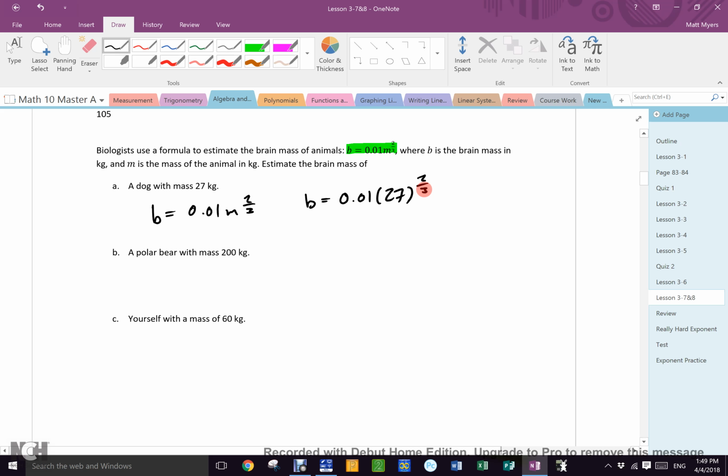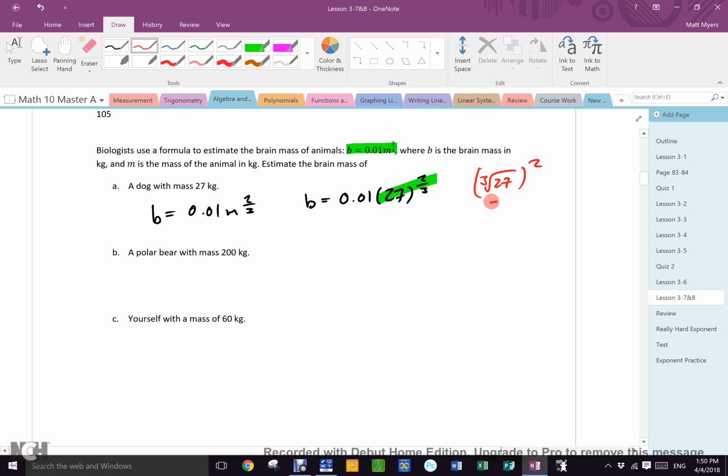Now, what do we do first? There's no brackets. That bracket is just holding the spot, just the exponent. Now, this is telling me I need what? What is this telling me? We just did a whole lesson on it. That is the cube root of 27 squared. Does the cube root of 27 exist? Yes. What is it? 3.